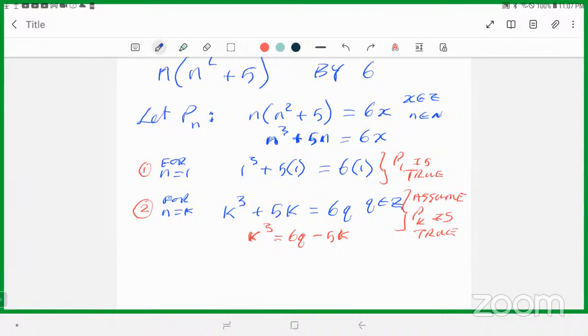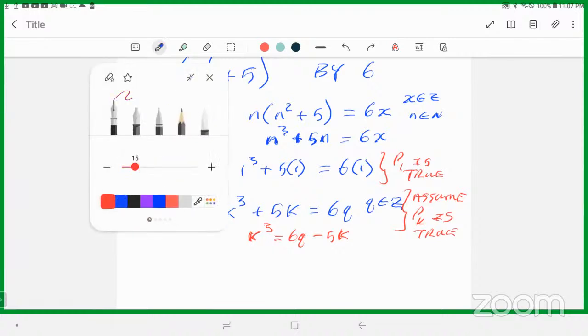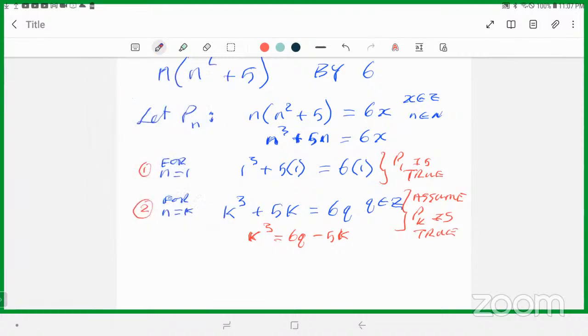So then I'm going to go now for step 3, which is my induction phase. Step 3, which is to say for n equals k plus 1, and this is the step we have to be careful. I'm going to take this k plus 1 and drop it here and there.